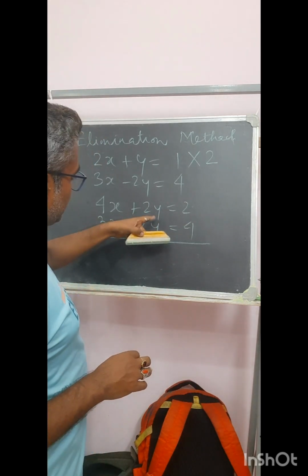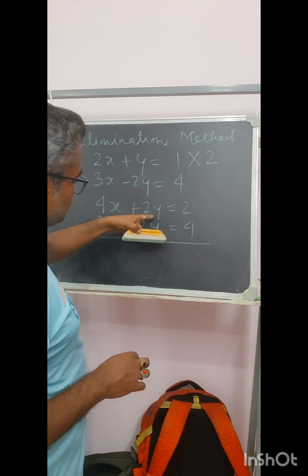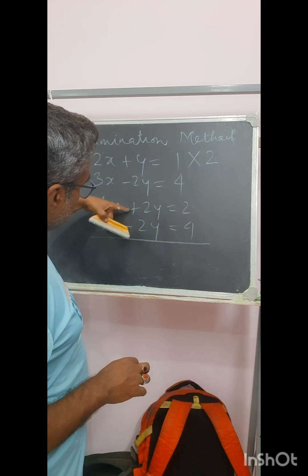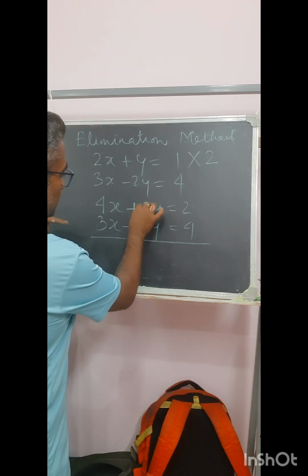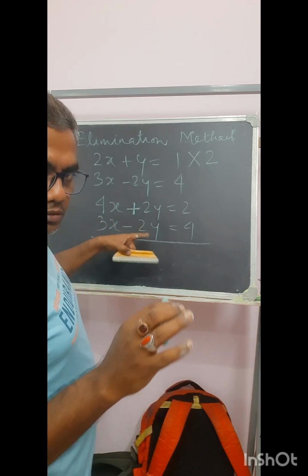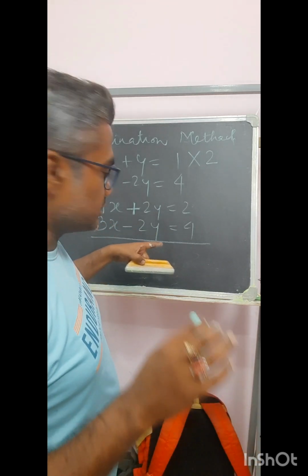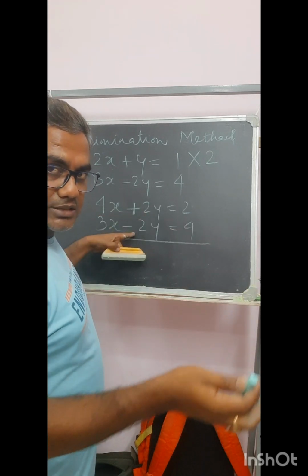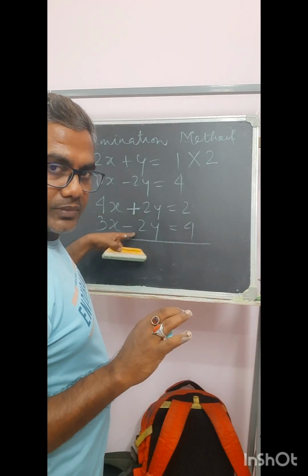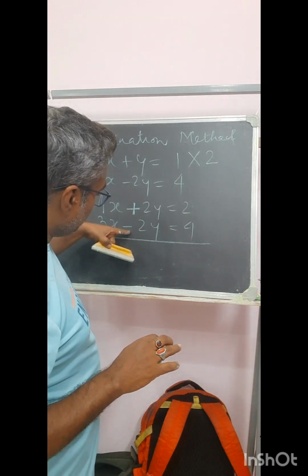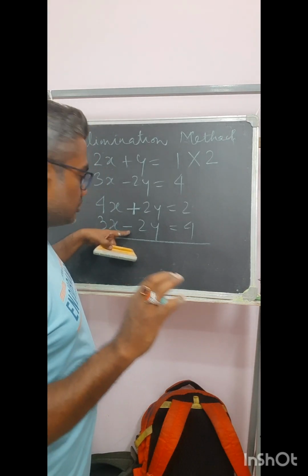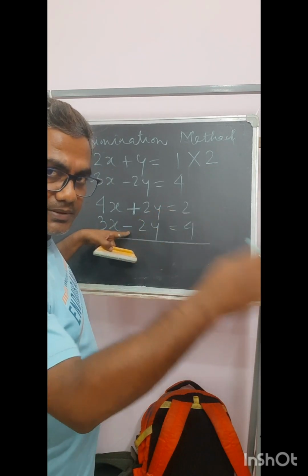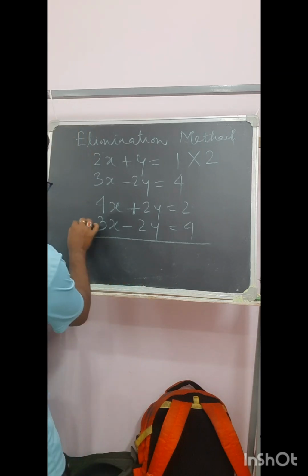Here the term I am trying to eliminate is 2y. It is plus here and minus here. So you need not subtract, because subtraction will change the sign, rather than keeping the opposite sign. Here it is automatically opposite, so you need not subtract further. You have to add it.